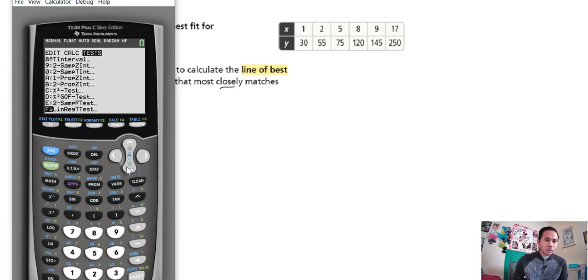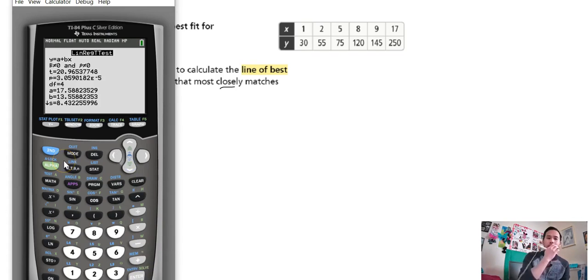So there, it's letter F, and just enter. Again, you do the same, enter, enter, until you will reach your calculate there. So go down and then calculate. So it will give you this table.